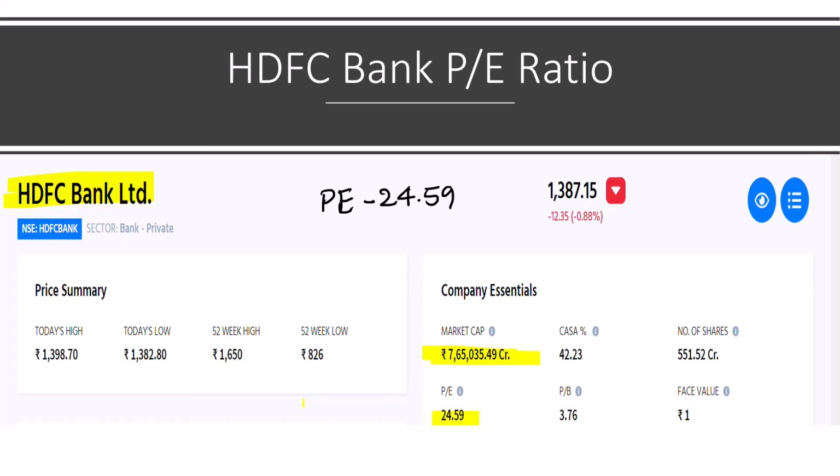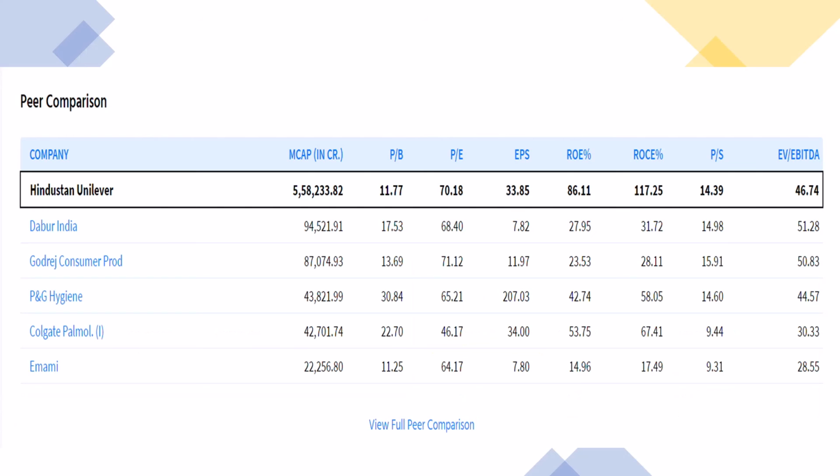So you can say that the PE of HDFC Bank is low, so the company is less overvalued, it is fairly valued, and you can buy the stock. It does not work like that. As I told you, you should always compare companies within the same sector. Hindustan Unilever, when compared with its peer group, has a PE in the same range.